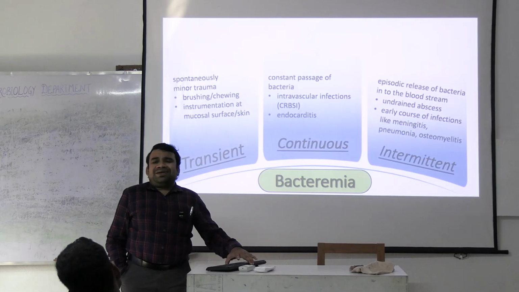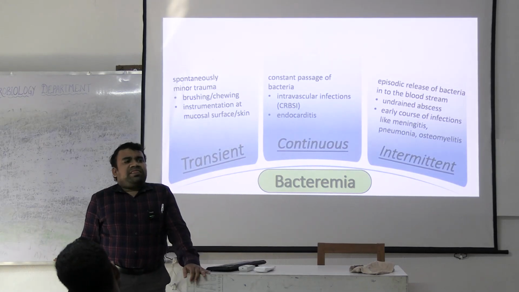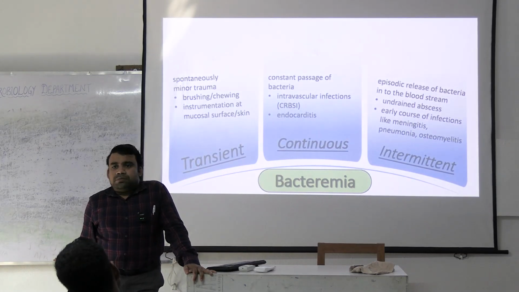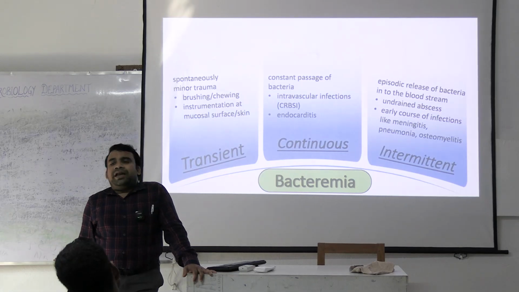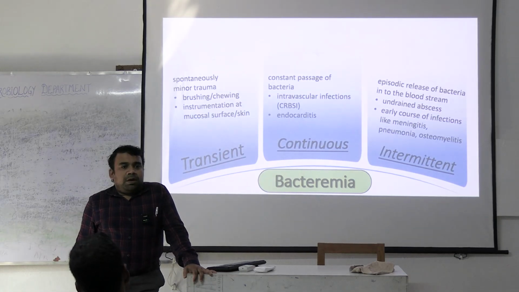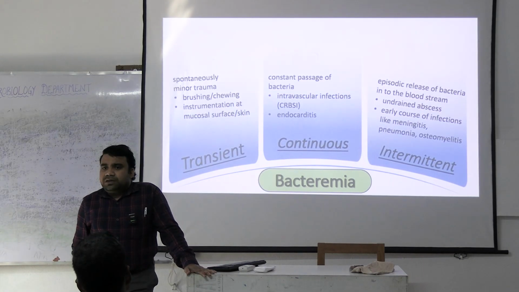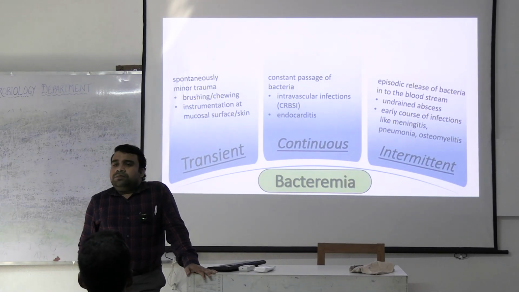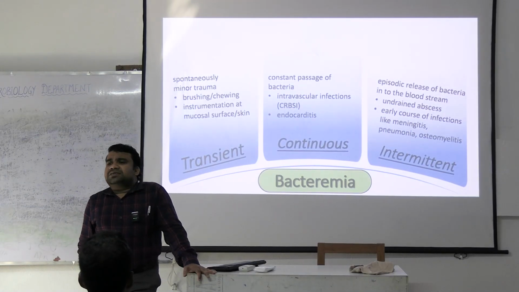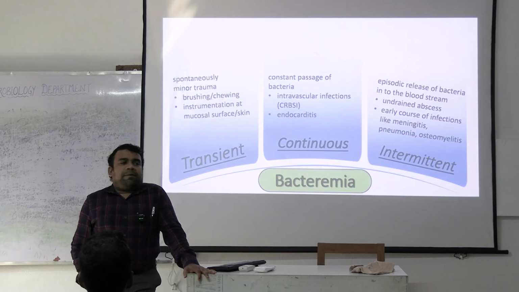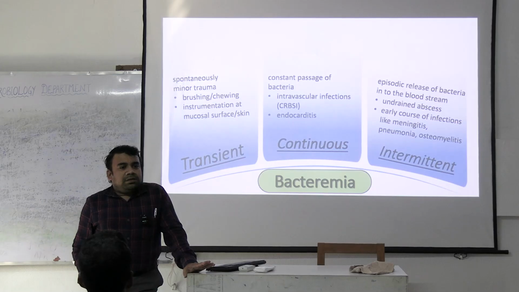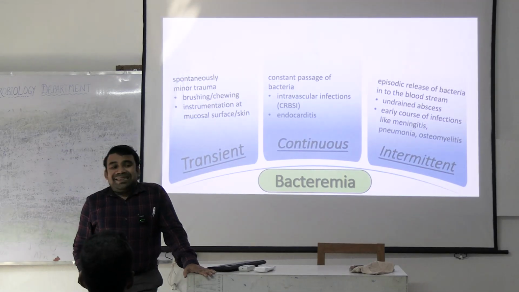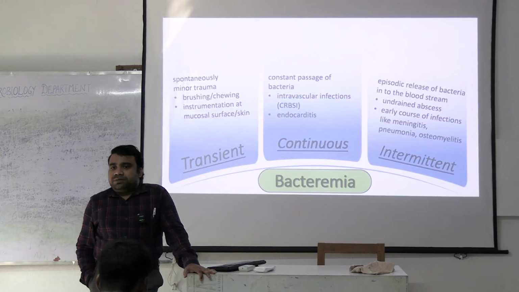Normally, organisms may be present on mucous membrane and they do not gain entry into the bloodstream. But many factors, for example, when we brush our teeth, we are actually manipulating the gums. Microorganisms are present in the oral cavity. When brushing, these microorganisms may enter into the bloodstream. What will happen? They will very commonly be killed if the patient is not immune compromised. That is called transient bacteremia.